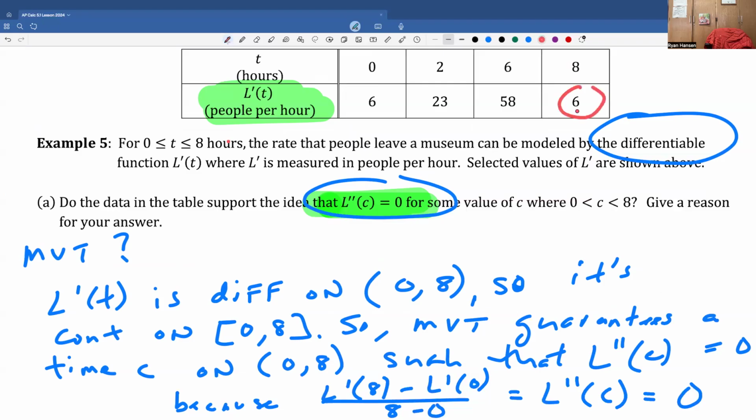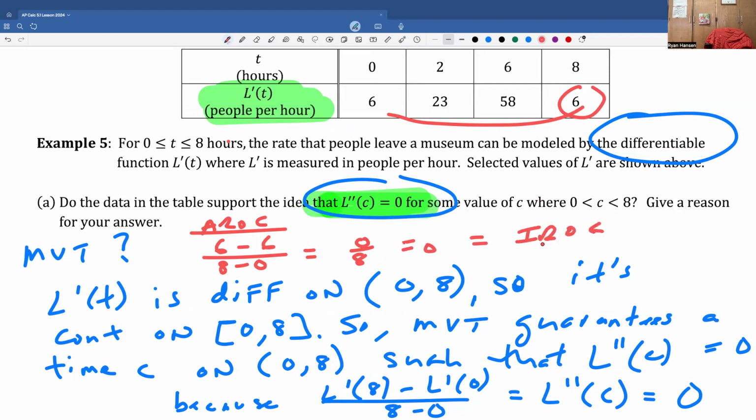We'd have 6 minus 6 over 8 minus 0 equals 0 over 8 equals 0, which does equal the IROC. If you show this, we get credit. I'm kind of glad I did that to showcase that. That's like the pinnacle of the work. If you don't show that, the whole thing's for naught. That's all hogwash. Okay. Where does it say?